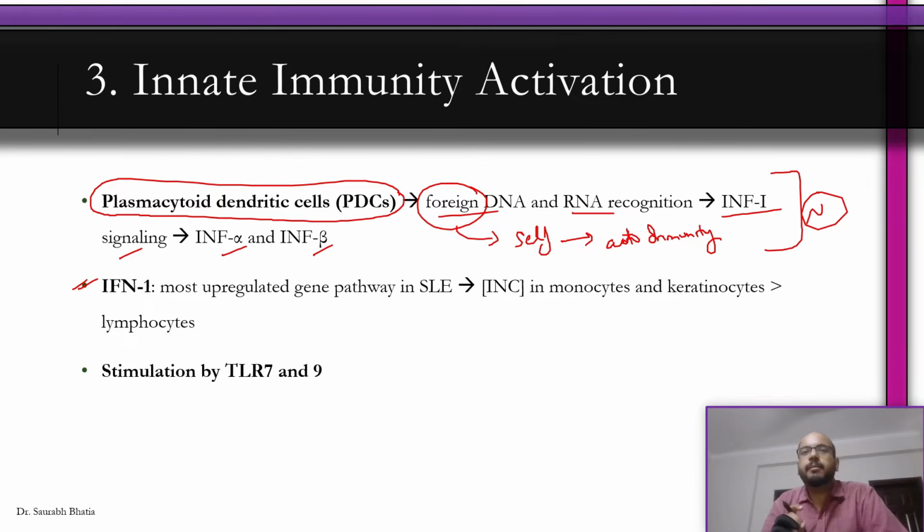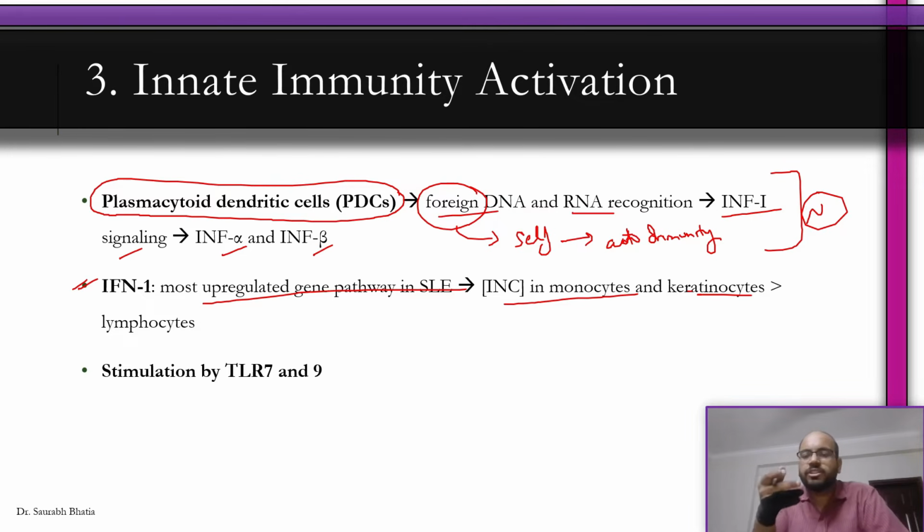So remember, for example, in psoriasis, the main pathway is TNF alpha. For vitiligo, the main pathway is interferon gamma. In this case, it is the interferon type 1 group of interferons. So it's the most upregulated gene pathway in SLE and is increased in monocytes and keratinocytes more than the lymphocytes.